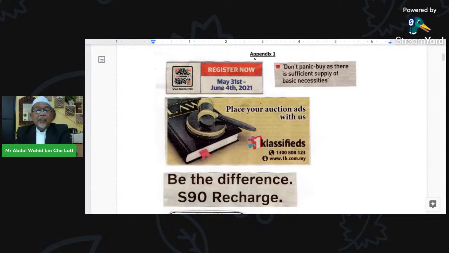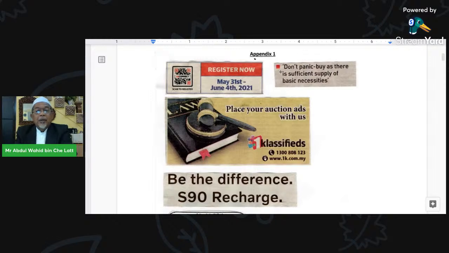The word register is in the base form and positioned at the beginning of the sentence. So register now is an instruction. Okay, to the right, don't panic is a negative instruction. The word panic is the base form and is positioned at the beginning of the sentence. So don't panic is an instruction.